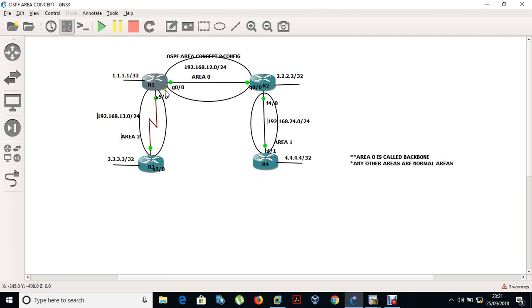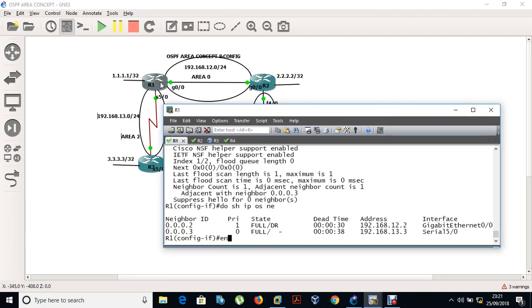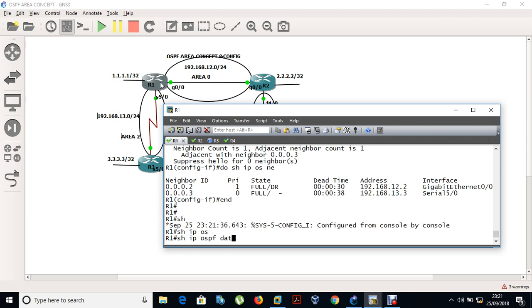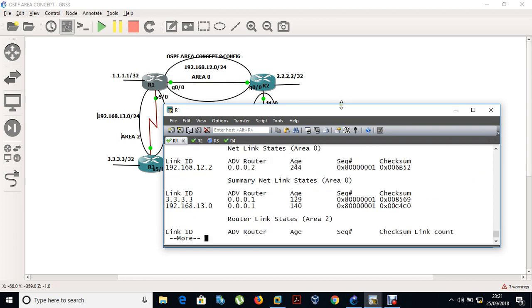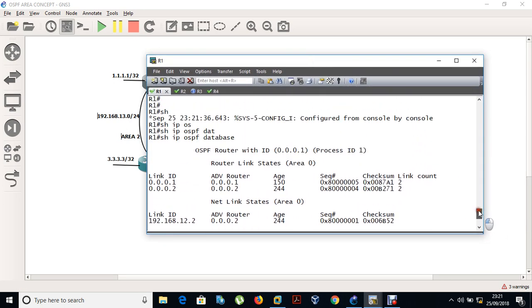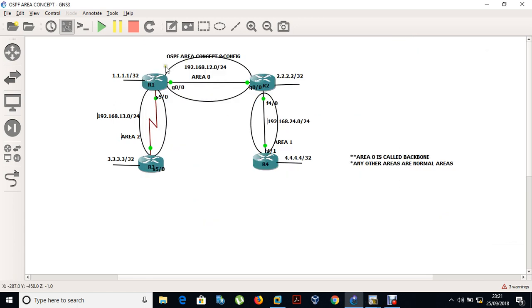Okay, and that is areas. So now let me go to R1, just R1, for the sake of it, show IP OSPF database. If I go to the database, which we will visit later on, as I said, routers within an area see each other, but they don't see the routers that are in the other area.